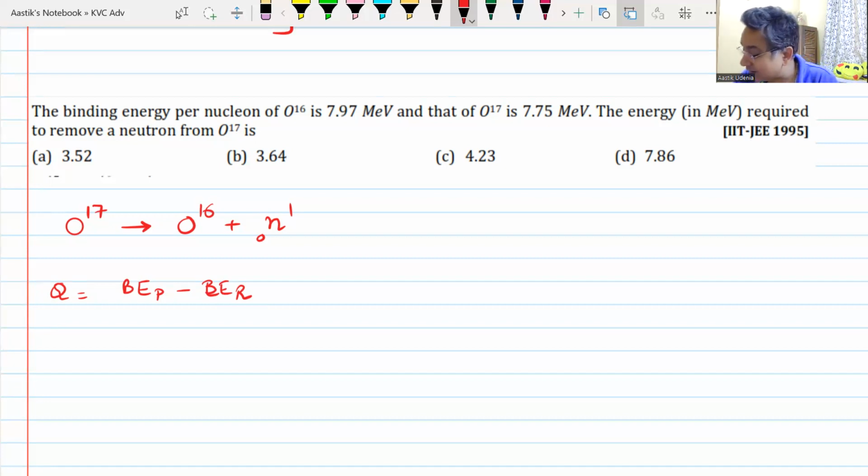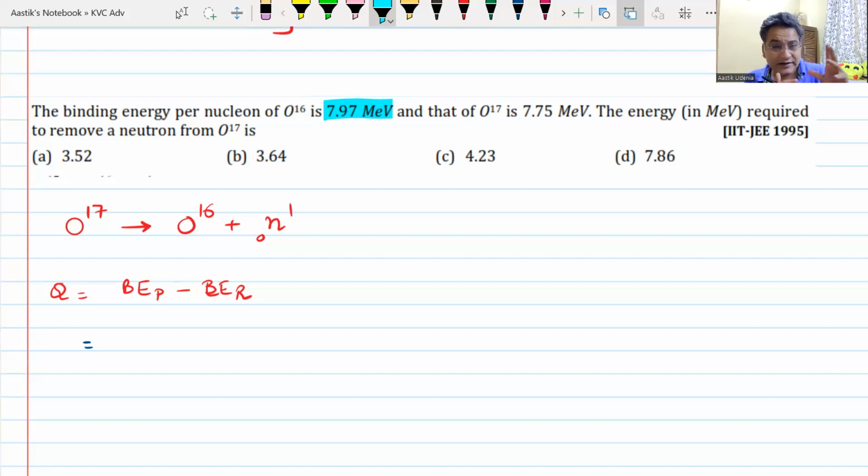Now, how do you find the binding energy of the product? The product is oxygen 16 and the reactant is oxygen 17.